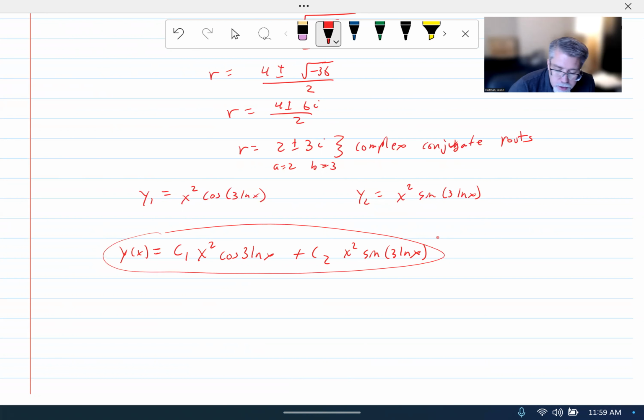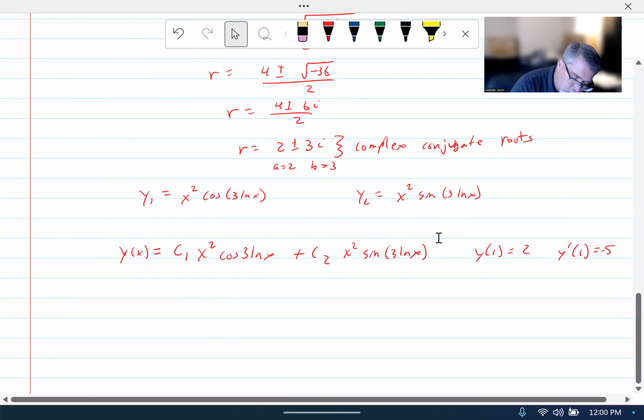But now I have to find my constants. It's an initial value problem. I've got y of 1 is equal to 2 and y prime of 1 is equal to negative 5. Let's go ahead and take the derivative of this to find out what that y prime is.